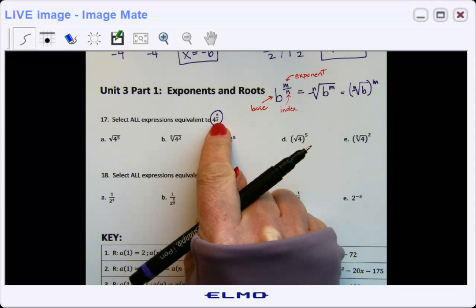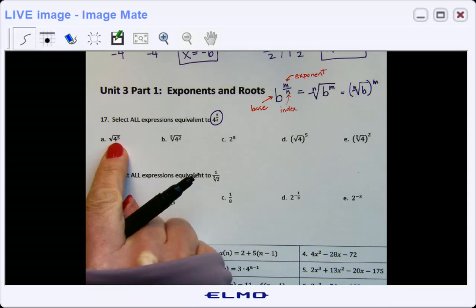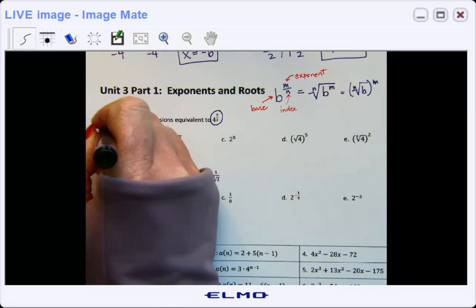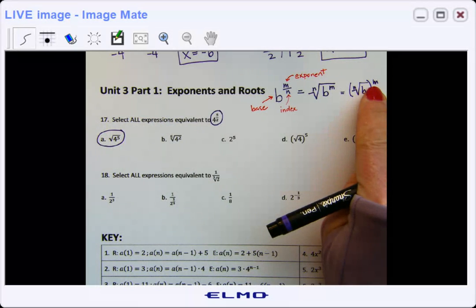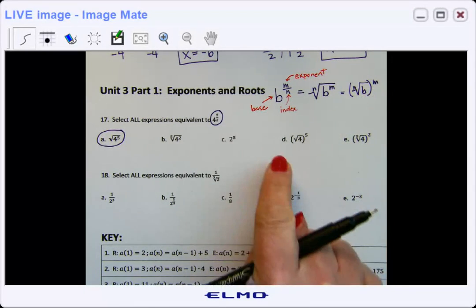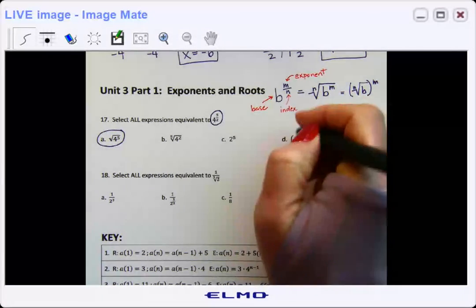It's just a square root. So it's the square root of 4 to the 5th. So it can look like this, or with the 5 on the outside of parentheses. So here we go, the square root of 4 to the 5th.